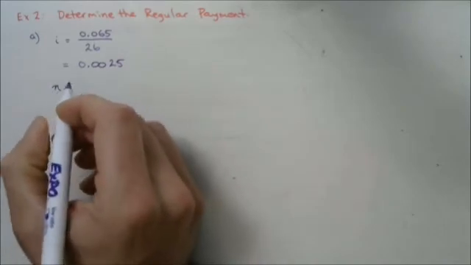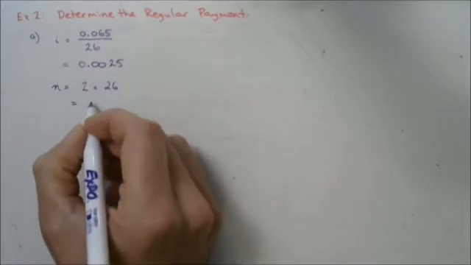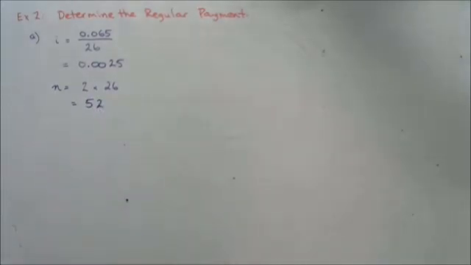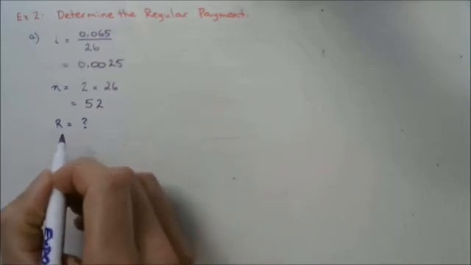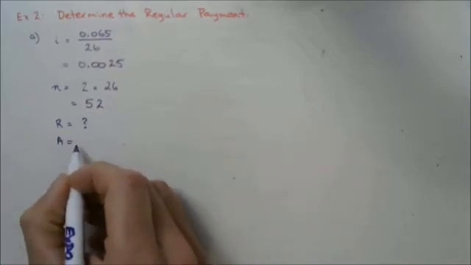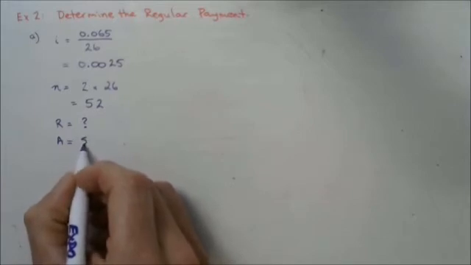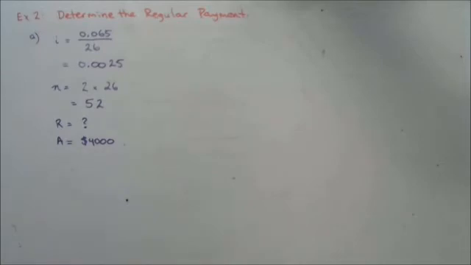N, she's going to do this for 2 years at 26 compounding periods per year. There are going to be 52 compounding periods total. We don't know R, but we do know A, or FV. The amount that she needs at the end is going to be $4,000.